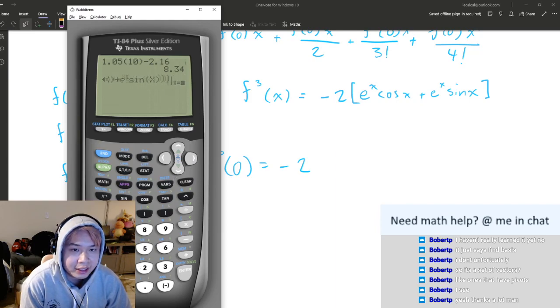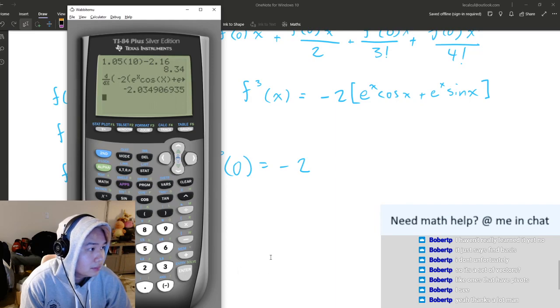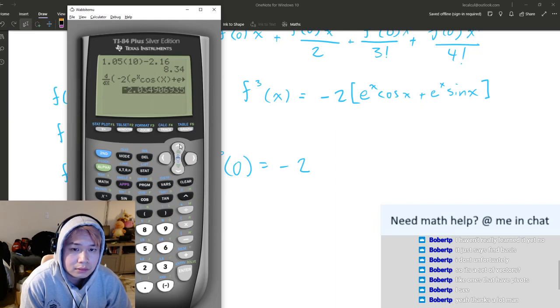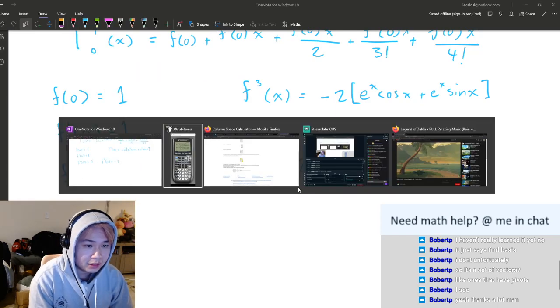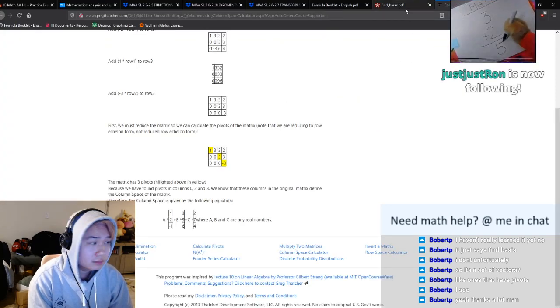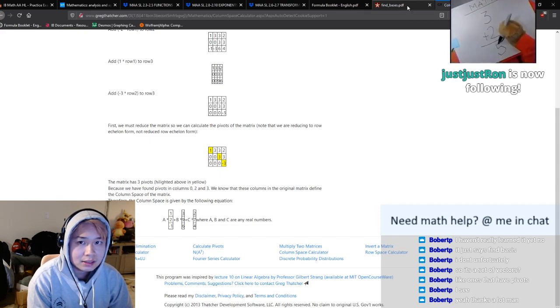And then evaluate at x equals 0. Why is this such a weird number? Okay, I'm cheating again.